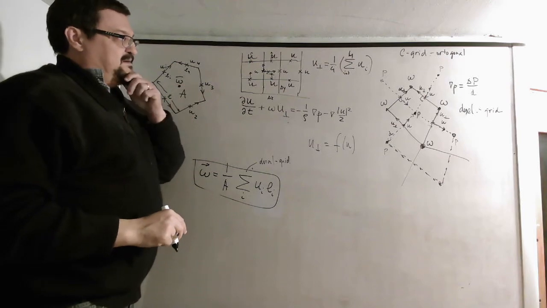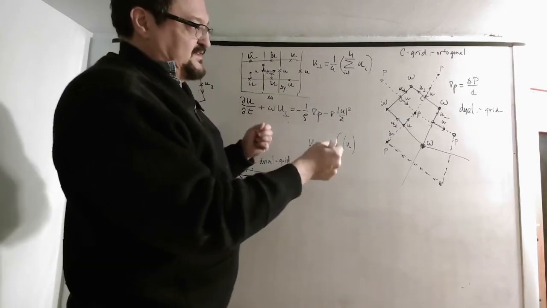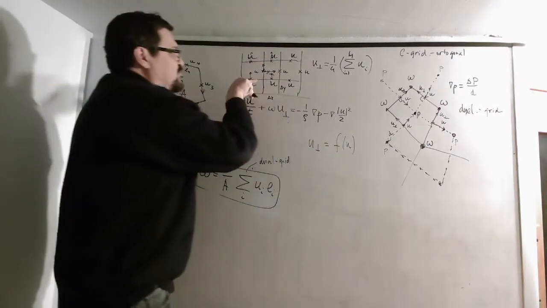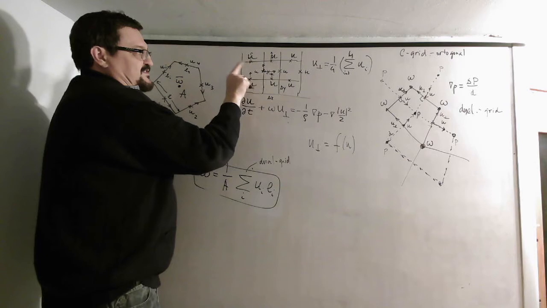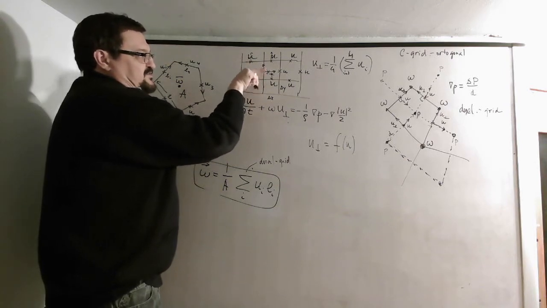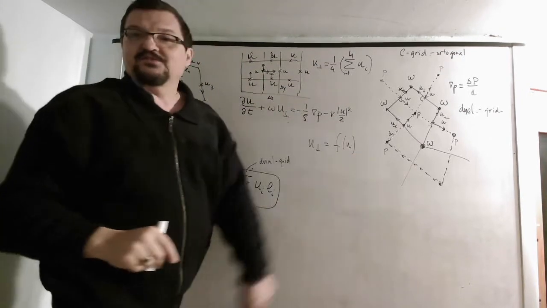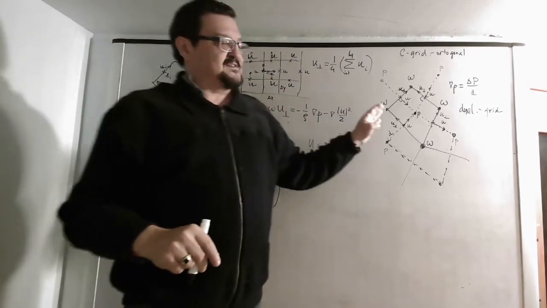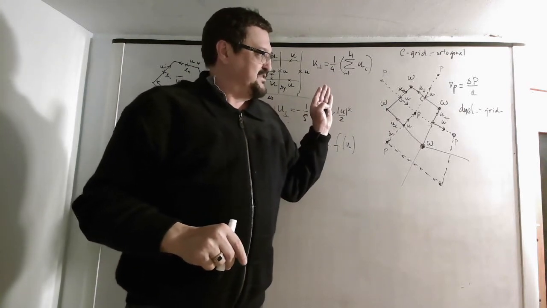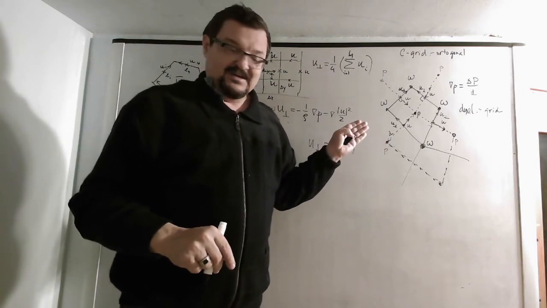But on this grid, it's a little bit more difficult, because now you see they all look in different directions. Here they all look in this direction or that direction, and they're perpendicular already to each other, these 2 directions. So it's easy to compute the perp vector. But on this grid, it's not easy. That's a whole new lecture, how to compute this perp vector on this one, and I'm not going to go into that detail.